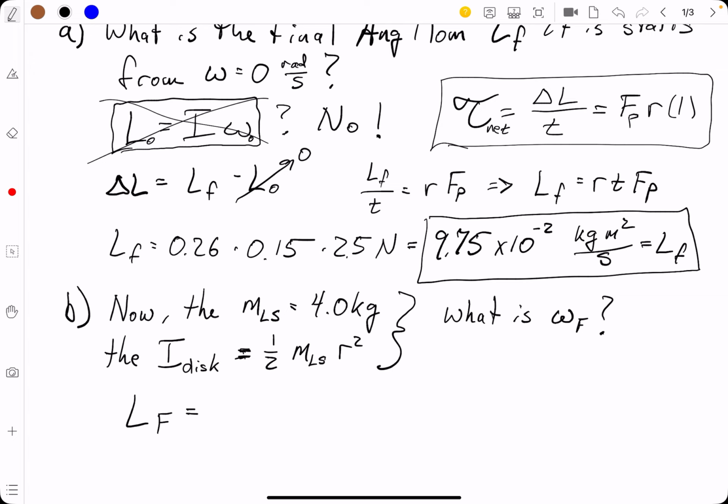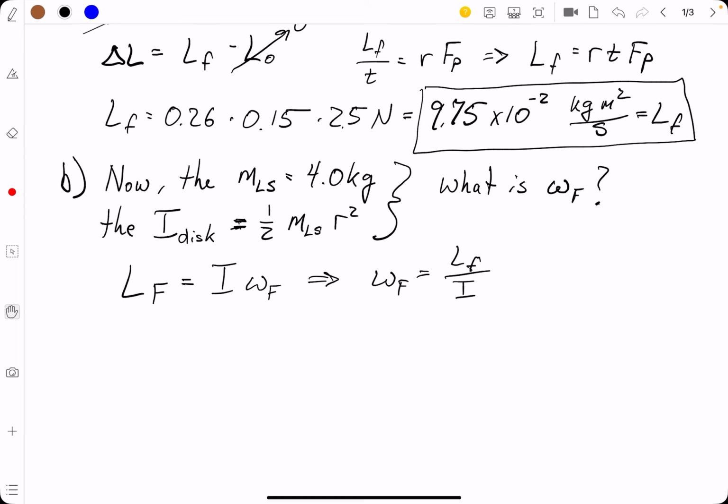So we know we can now use this, okay, and easily solve for omega final. And that's going to be our LF divided by our moment of inertia. For the disk, so the hard part, what's the hard part here?